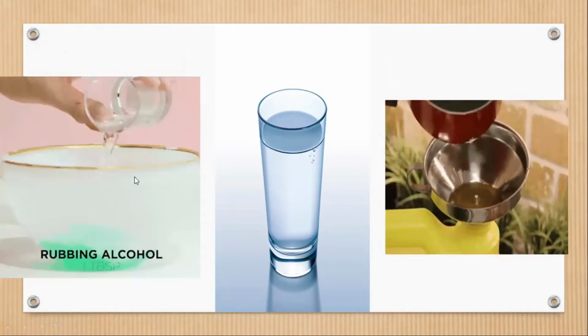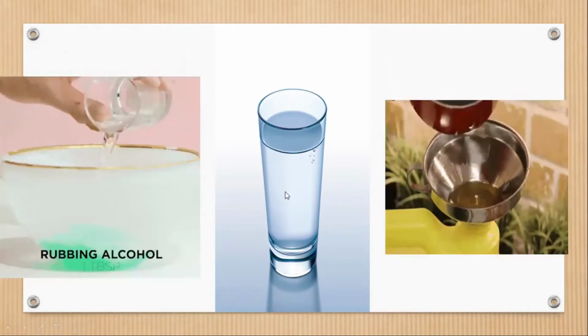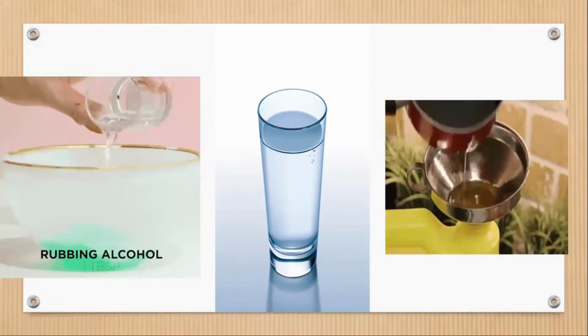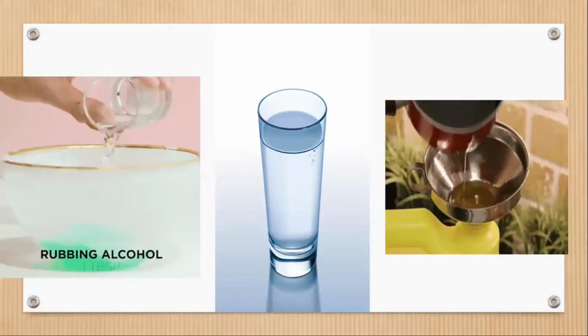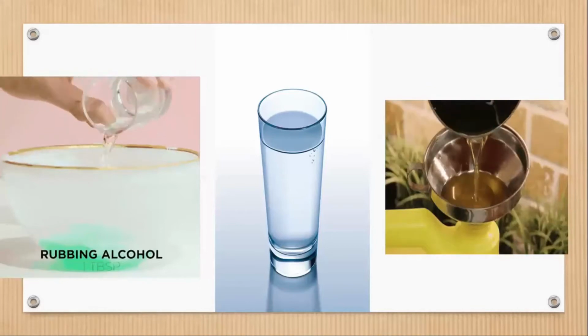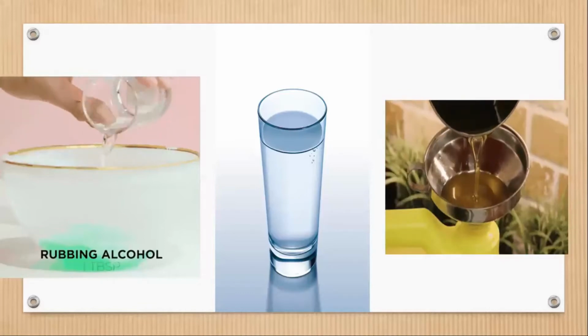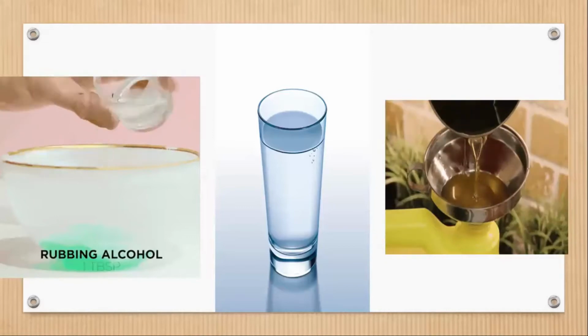So if I'm going to place the rubbing alcohol in water, do you think this rubbing alcohol will mix thoroughly or dissolve in water? If your answer is yes, then you are correct on that. What if I'm going to add this oil in water? What do you think will happen to the solution? Will the oil dissolve in water?